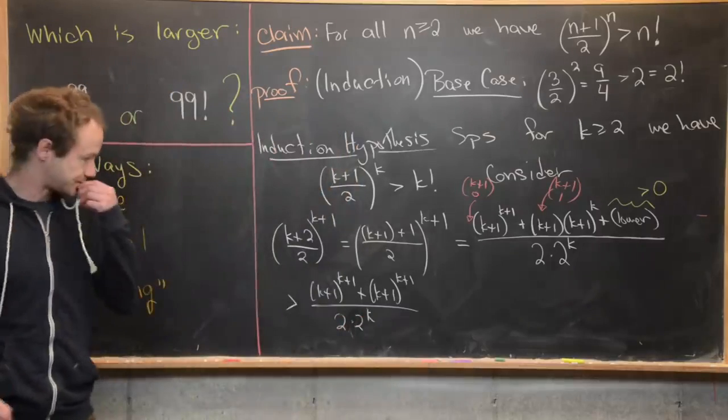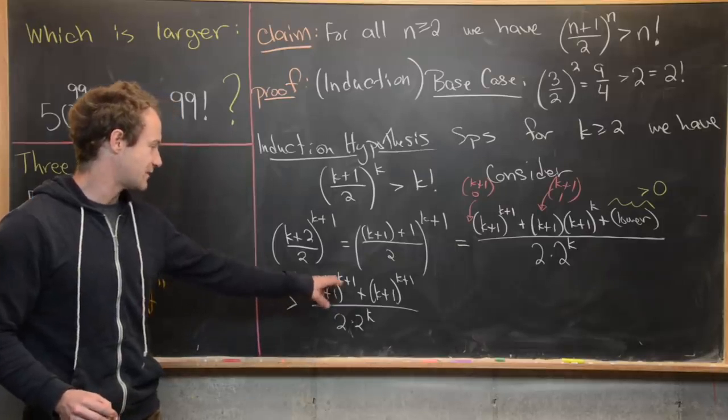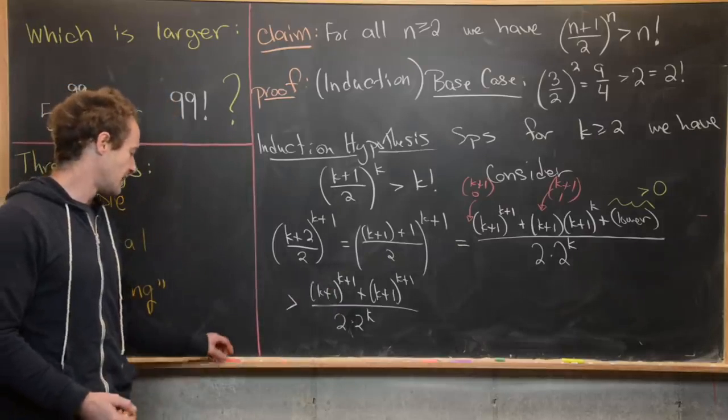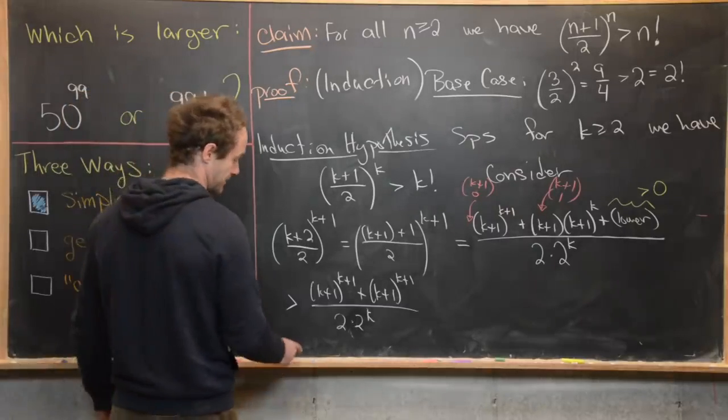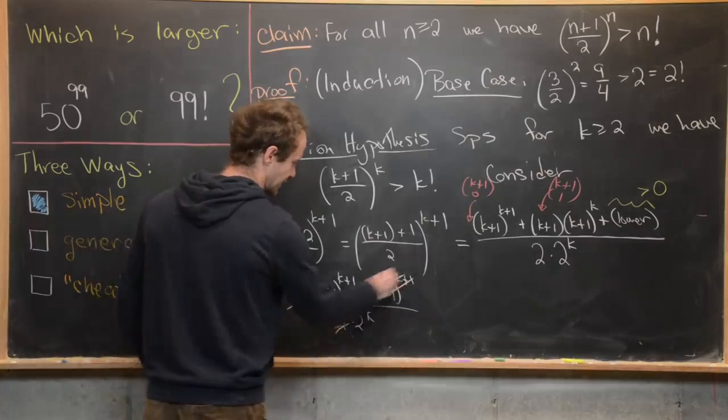So like that. Okay, next what I want to do is maybe notice I've got 2 times (k+1)^(k+1) in the numerator. I can add those together and then cancel out the coefficient with this 2 in the denominator.